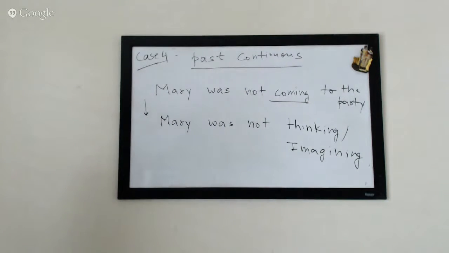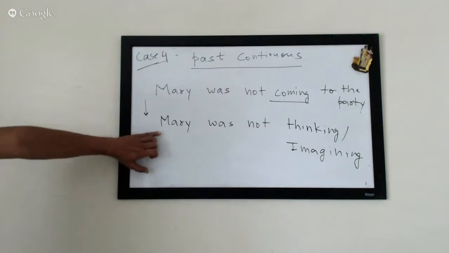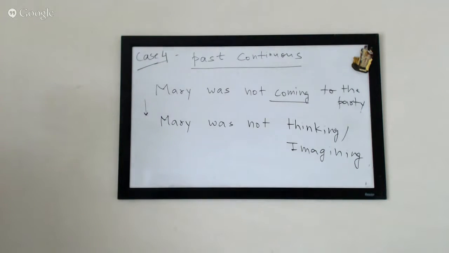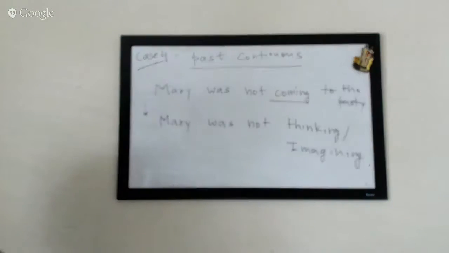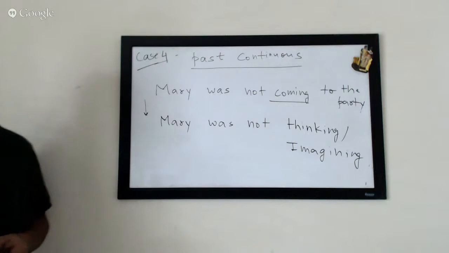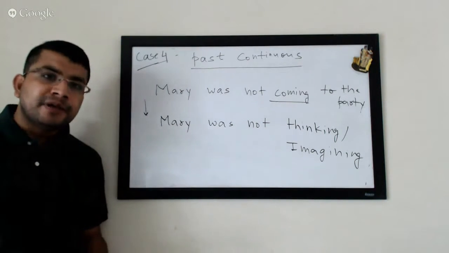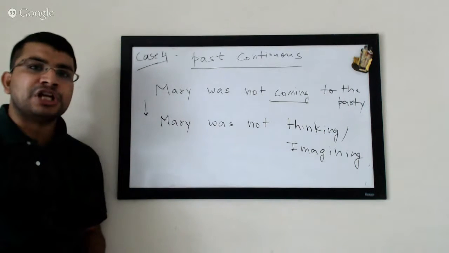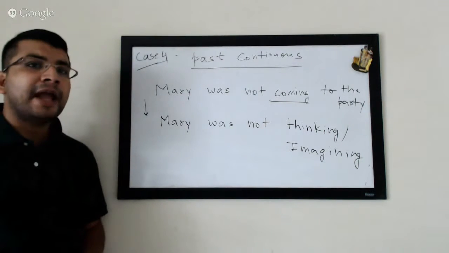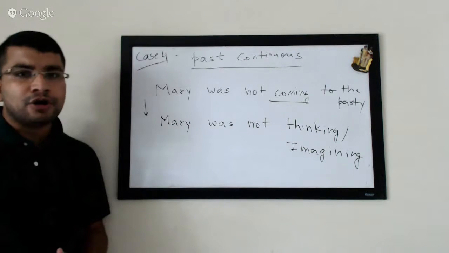Okay, that's past continuous. I'm going to give you some time so you can come up with the answer first. How will you say this sentence in Hindi? That should be straightforward because all you have to do is do it in present continuous and change the ending from hai to tha, thi or the.